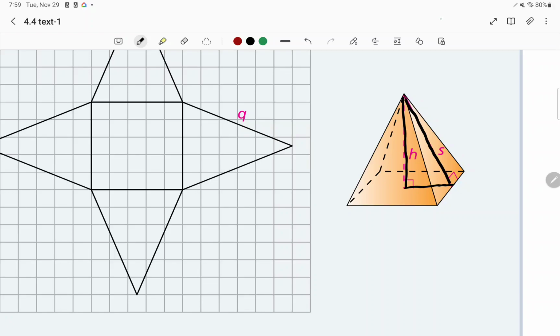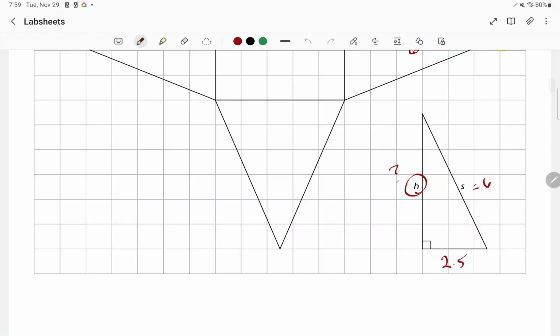Now let's go back to our lab sheet. We're going to set up the Pythagorean theorem, so go ahead and try this on your own if you haven't already. So you would have h squared plus 2.5 squared is equal to 6 squared.